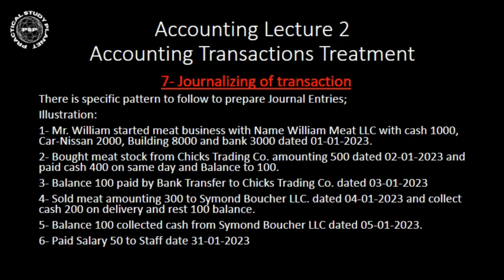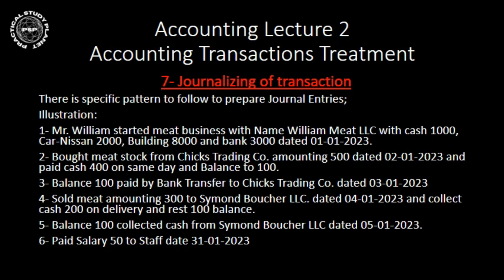The fourth transaction: sold meat amounting 300 to Simon Butcher LLC, dated 4th Jan 2023, and collected cash 200 on delivery and the rest 100 balance. We will make journal entries according to the given information.